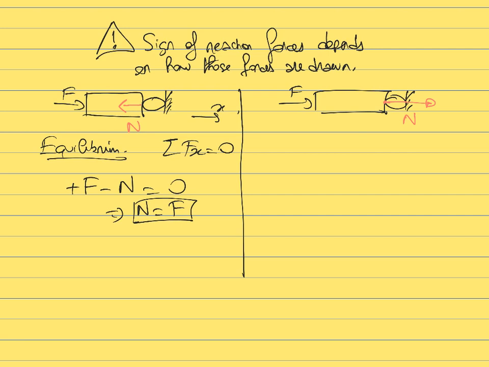It's equal to F, which means that if F is positive, so if F is indeed pointing towards the right, then N is going to be positive, pointing towards the left.